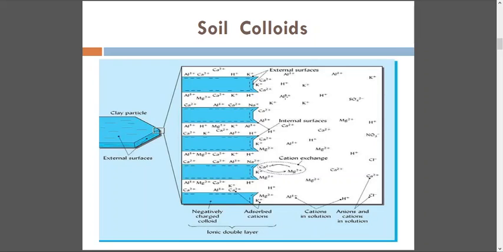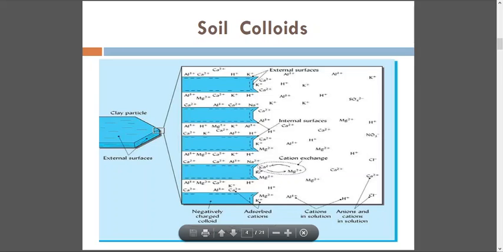Around them we have a lot of cations and anions that are suspended in fluids. From time to time, because the surfaces of the clay particles are negatively charged, they attract positively charged ions, which are cations, and these keep on changing places with those that have the same charge.